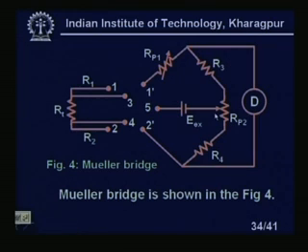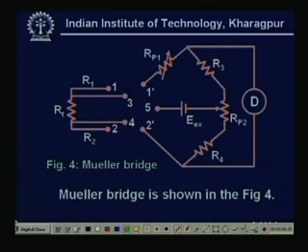That means I want to make this R3 and this R4 equal. The bridge resistance up to this point should be equal to the resistance up to the other point. Only then can I write the bridge balance equation, and only in that case will the lead wire resistance be totally eliminated.